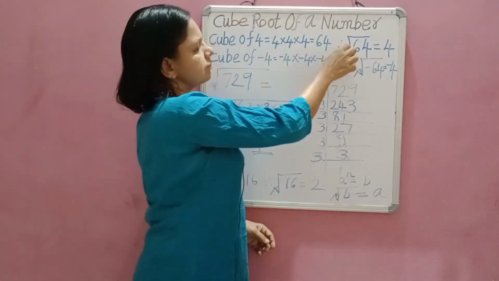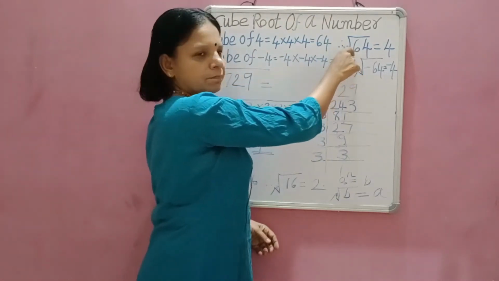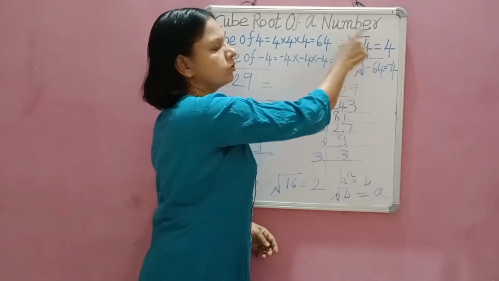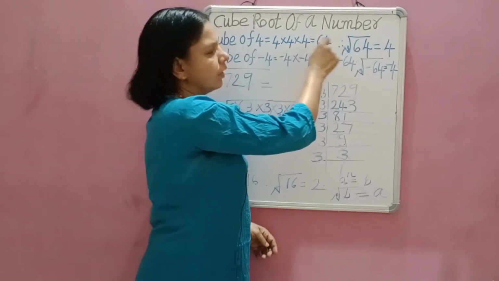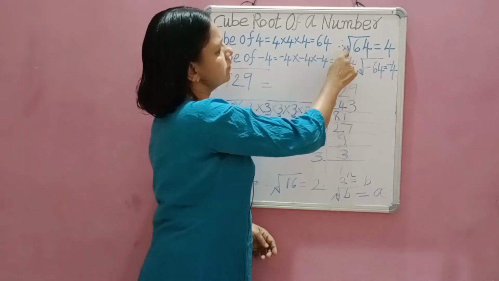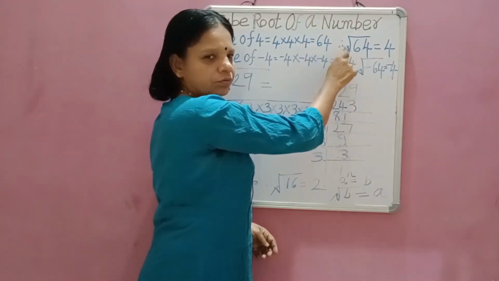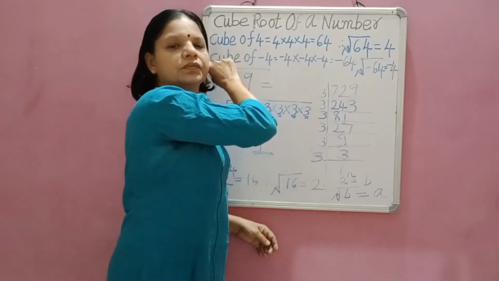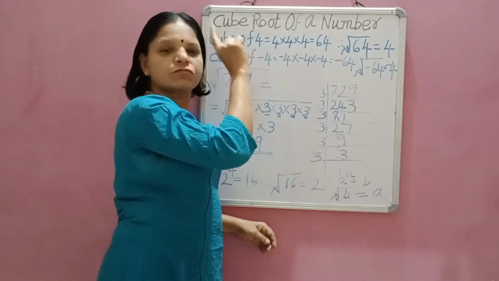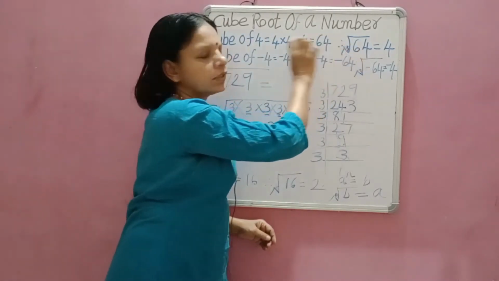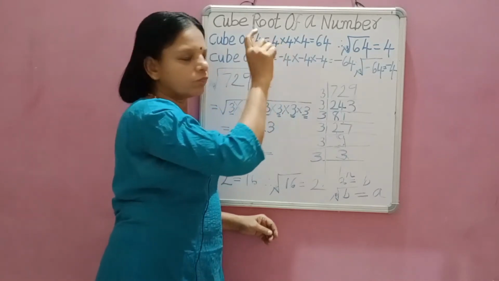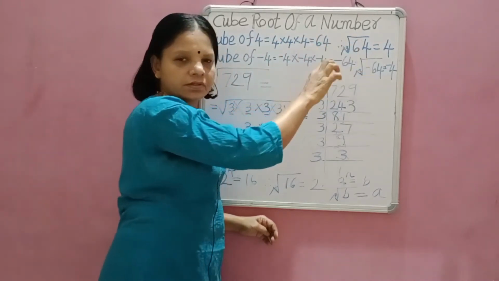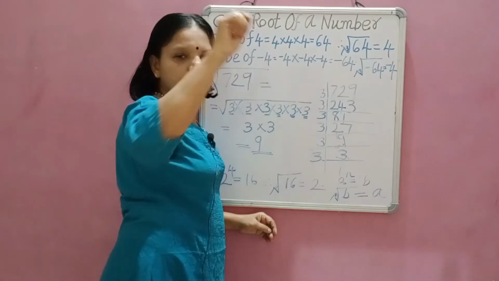So how is it written? See here, the sign is the same, the root sign. And outside this, the small 3 you see represents cube root, third root. But for square root, that 2 is not written. It is not necessary. Only the radical sign is there, which means it is square root.